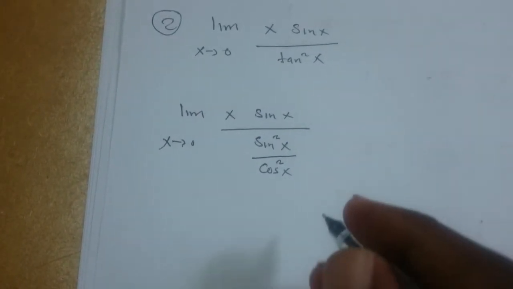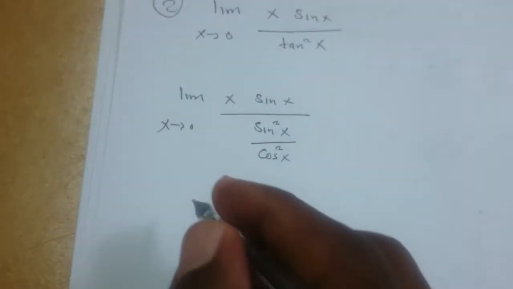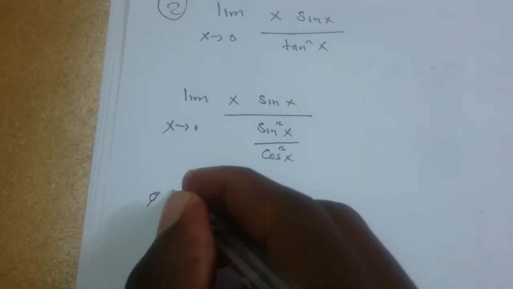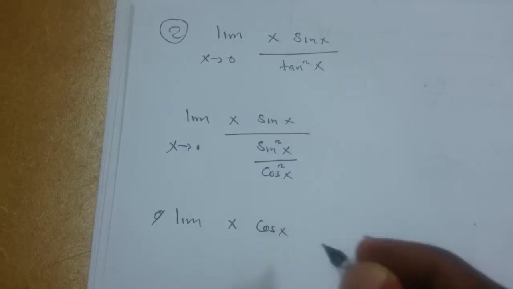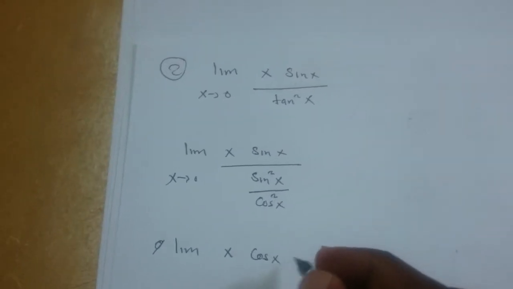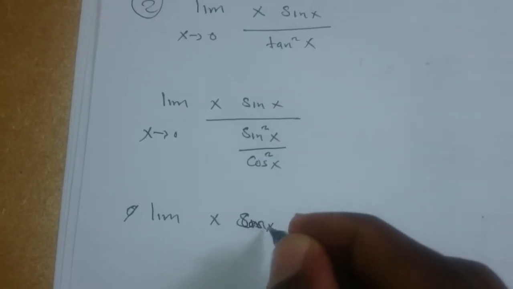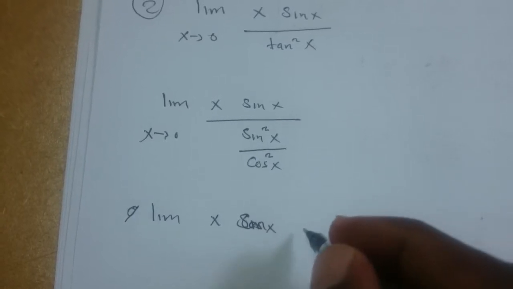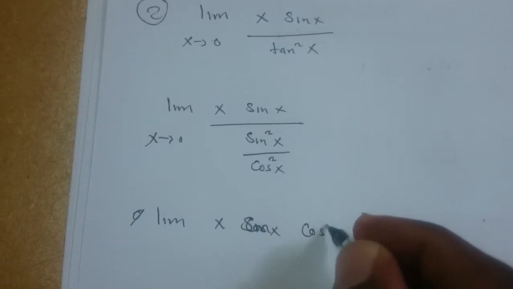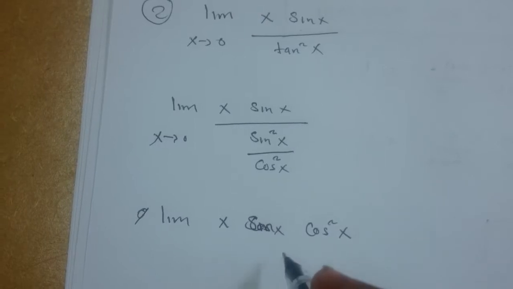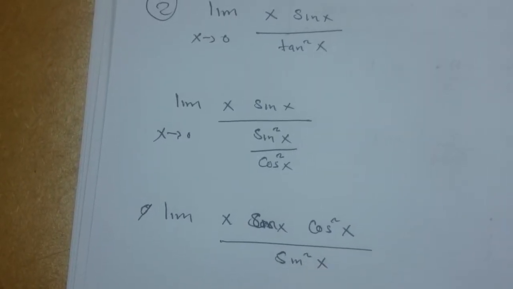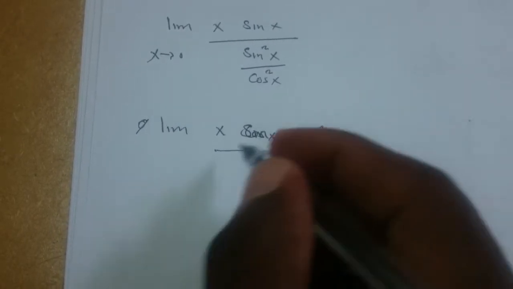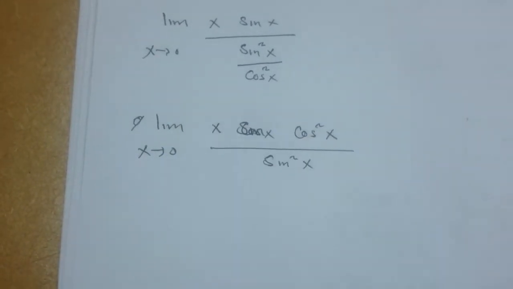Then when we divide, we are going to have the limit of x sine x times cos squared x over sine squared x, as x is approaching 0.